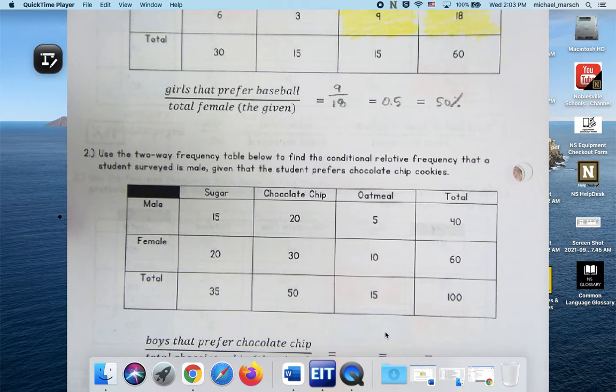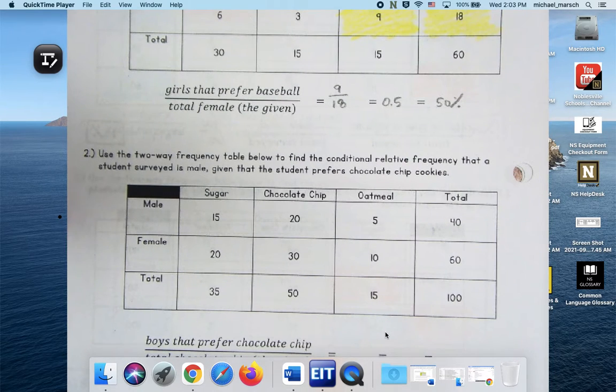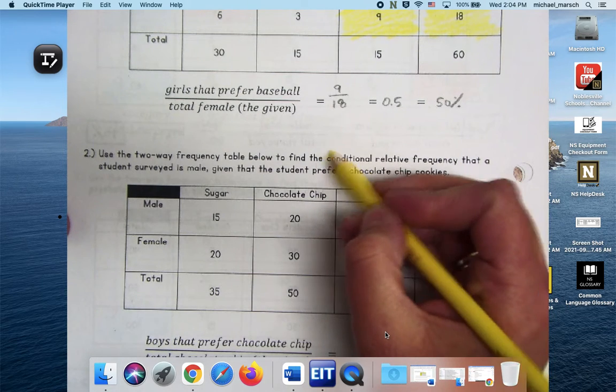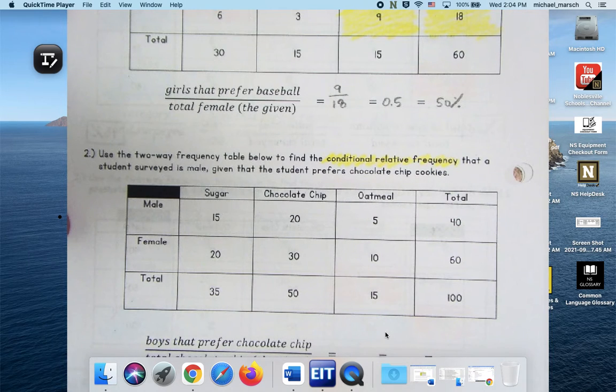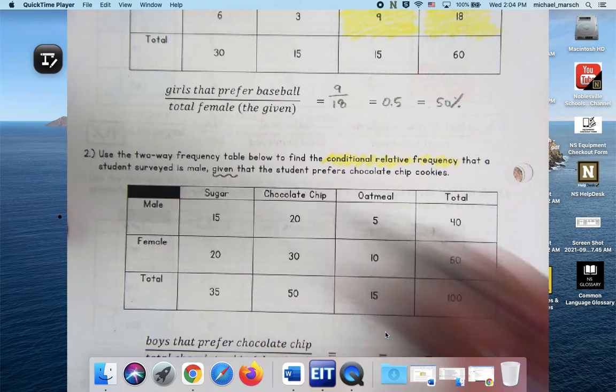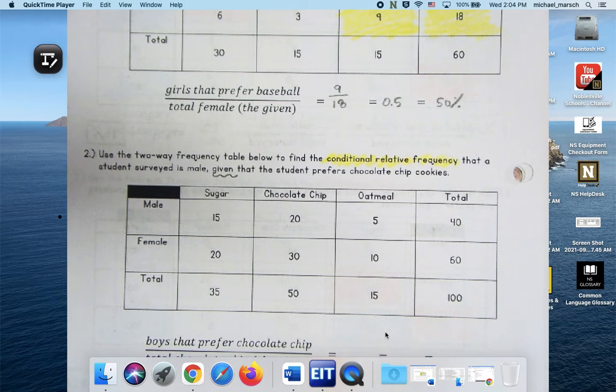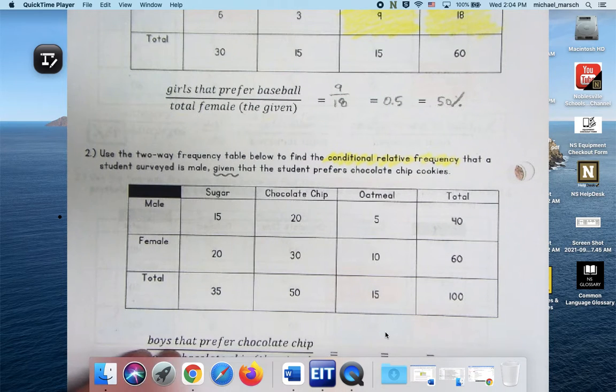We're still talking about the cookies. Use the two-way frequency table below to find the conditional relative frequency that a student surveyed is male given that the student prefers chocolate chip cookies. Okay, so what's my numerator? It's going to be 20 because it's boys that prefer chocolate chip.